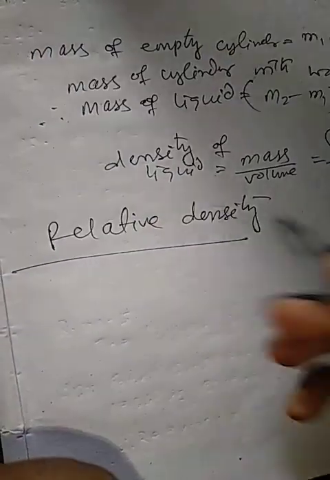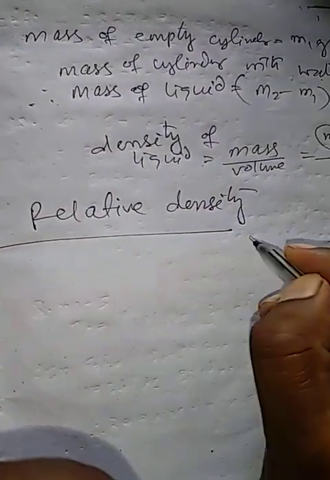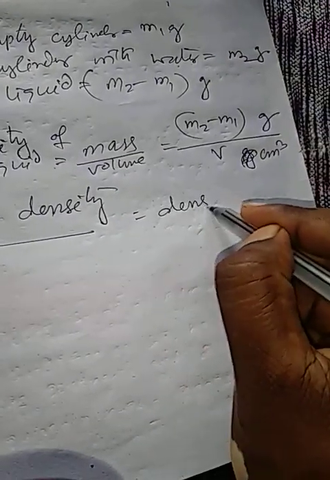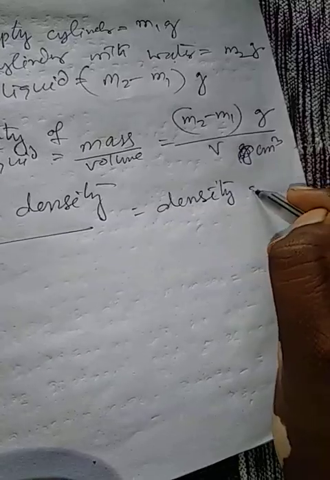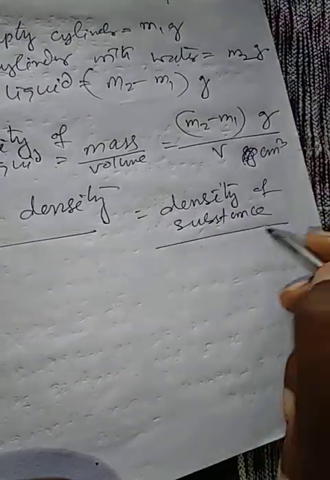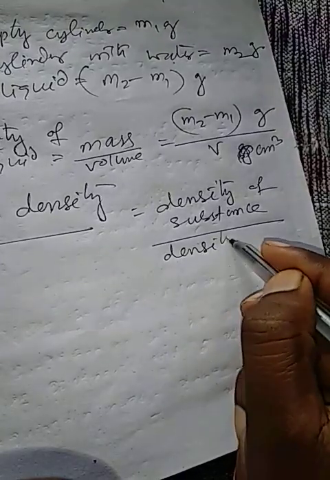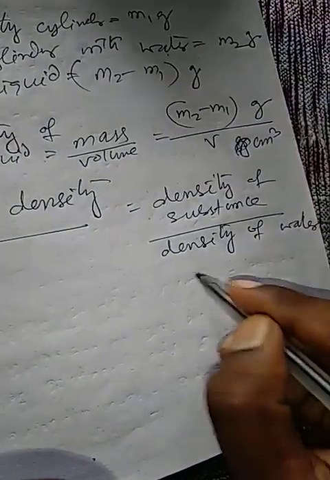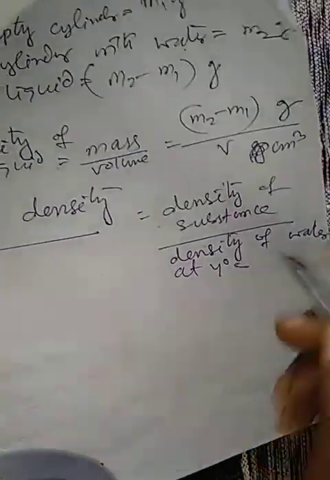So the formula of relative density is density of the substance by density of water at 4 degrees Celsius.